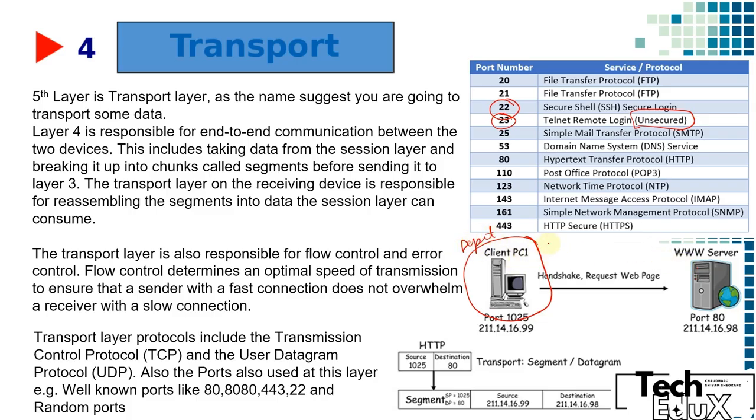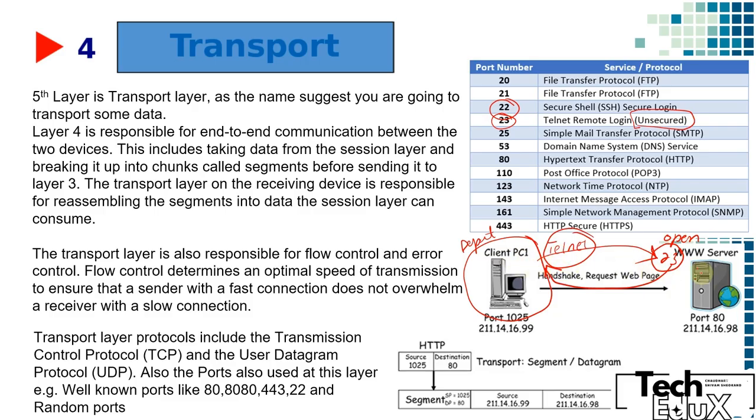So I will be using maybe telnet, although we use RDP for accessing Windows Server, but just for the sake of simplicity, we are using telnet to access my server. So basically, first of all, the server should have port 23 open to accept the queries. So I will telnet using this port and it will send me a reply back and then I will have connectivity with my server.